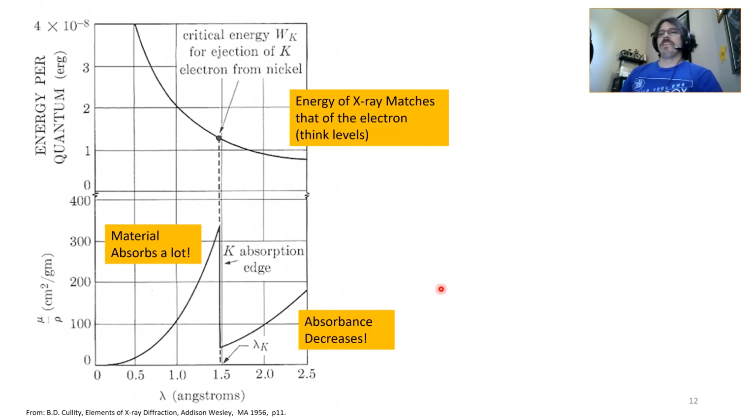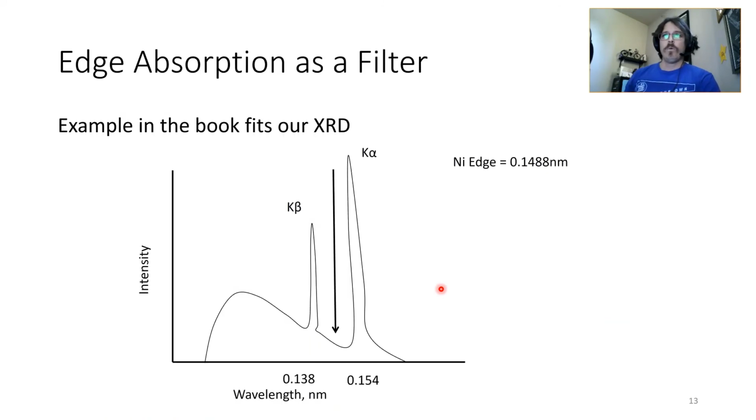Well, why do we even care about this? Why am I trying to wrap my mind around this? Well, you can use it as a filter. For whatever reason, I put it in terms of nanometers, but 1.48 is the nickel edge. 1.54 is K alpha, and 1.38, and I'm talking angstroms, but I'm showing nanometers, I'm sorry. So 0.138 nanometers, 0.154 nanometers, and the nickel edge is right in between.